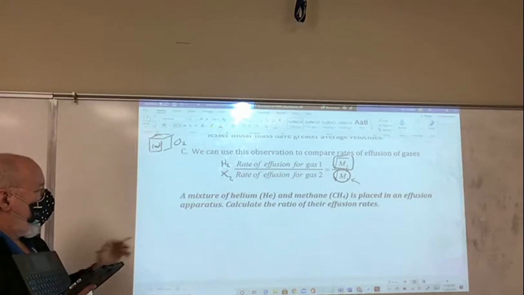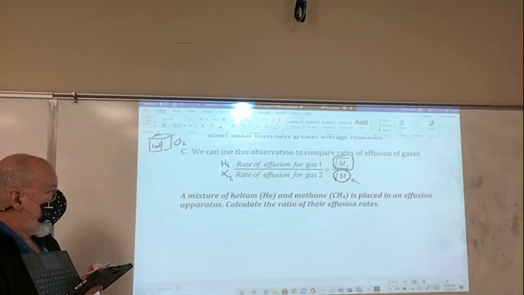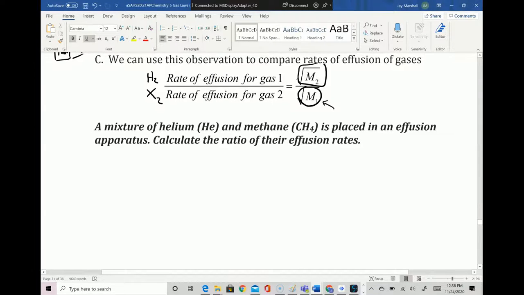Okay, so if I have a mixture of helium and methane, and they're placed in an effusion apparatus, I should be able to figure out what the ratio of their effusion rates is by plugging values into their molar mass. So let's try that.